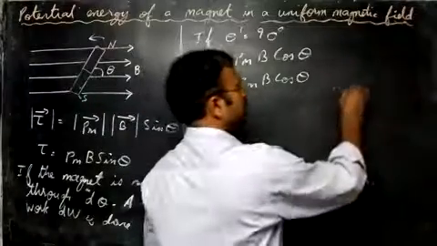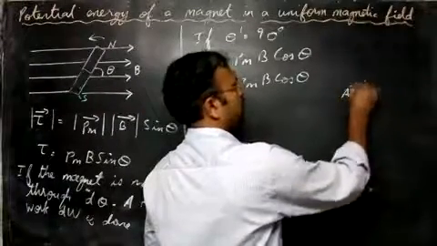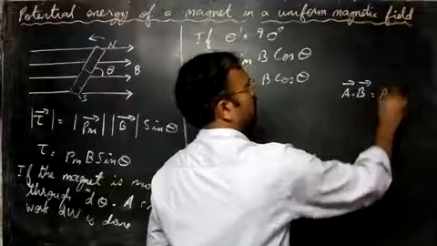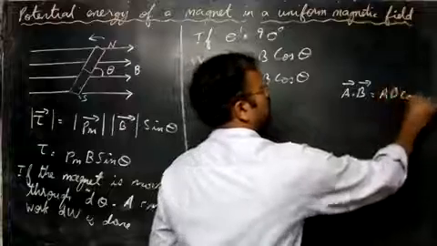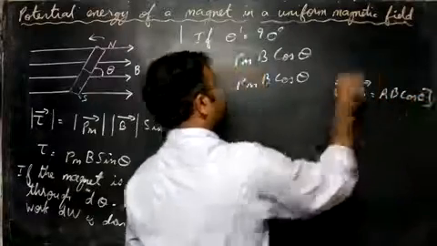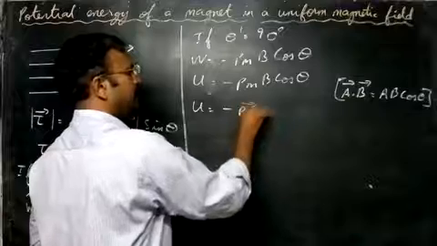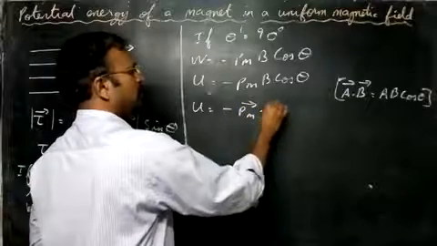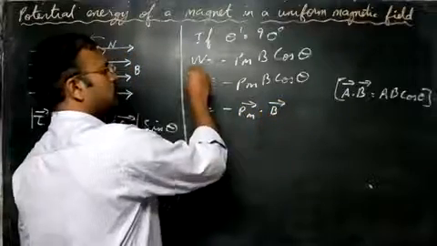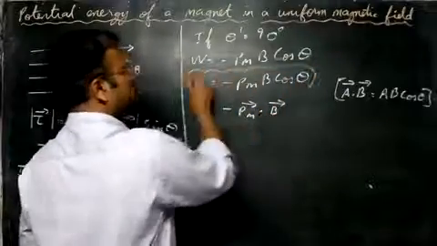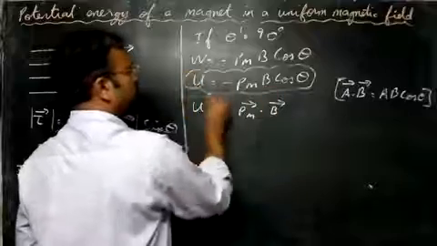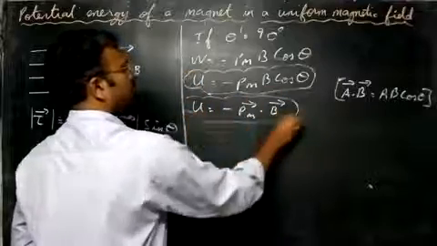Using this formula, U is equal to minus Pm vector dot B vector, so it becomes a dot product. You can use either formula, or this vector form. So we can write it in two ways.